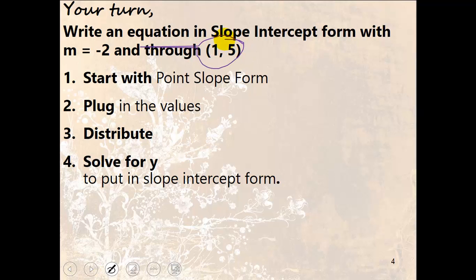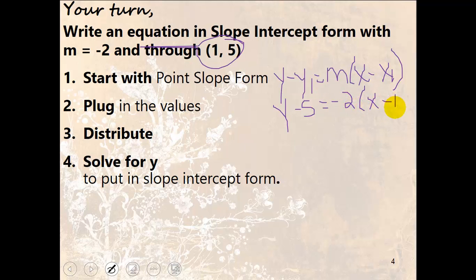This is not the y-intercept, so I'm going to start with y minus y1 equals m times x minus x1. I'm going to plug in my values. y minus 5 is equal to negative 2 times x minus 1.